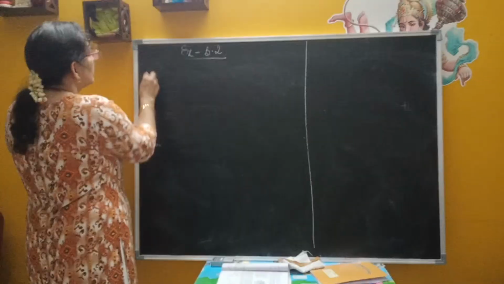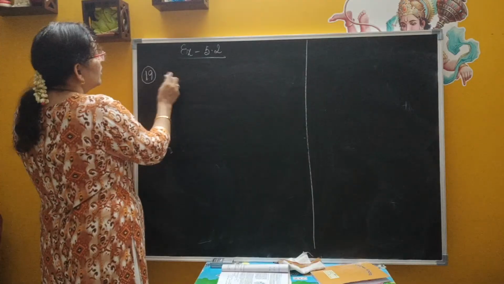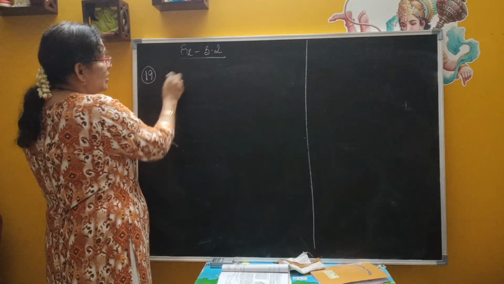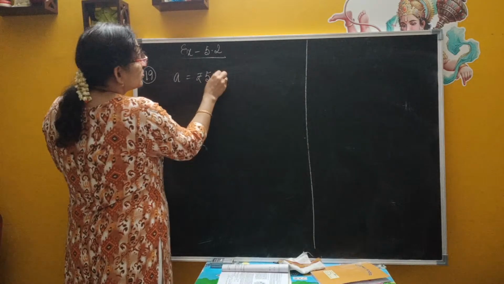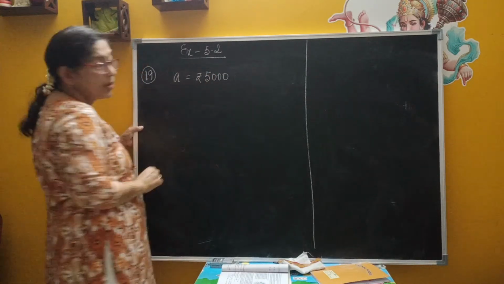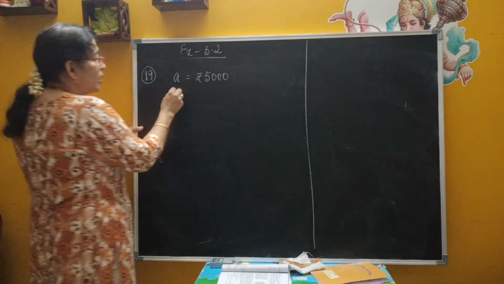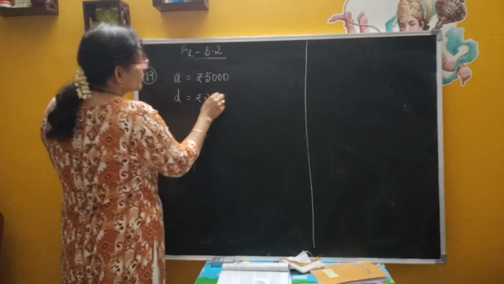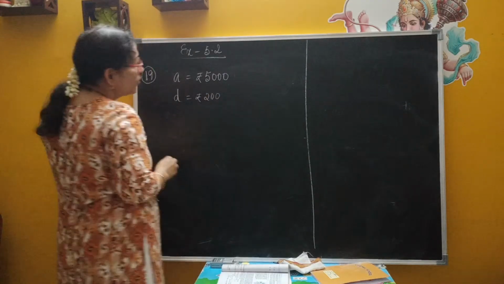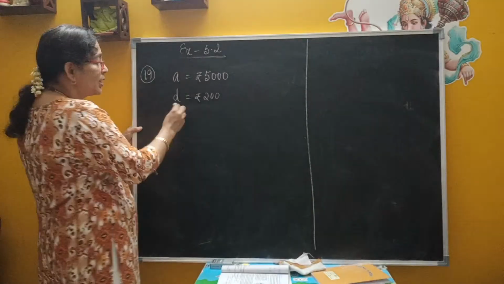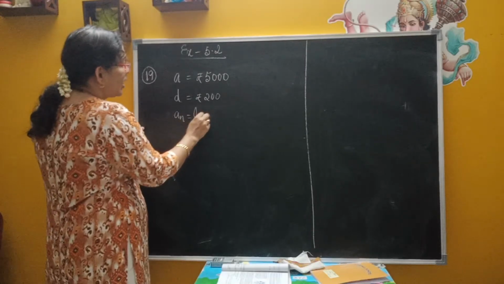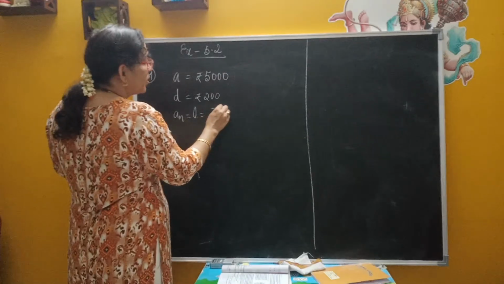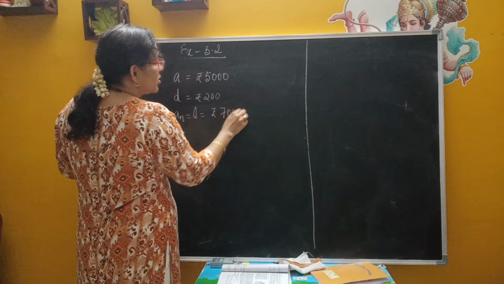Given the 19th problem, Subbarao's first salary, how much? A, it is rupees 5,000. And every year's increment, how much? That is the d value, rupees 200. What is that 7,000? That is the last term, an or l, equal to rupees 7,000.